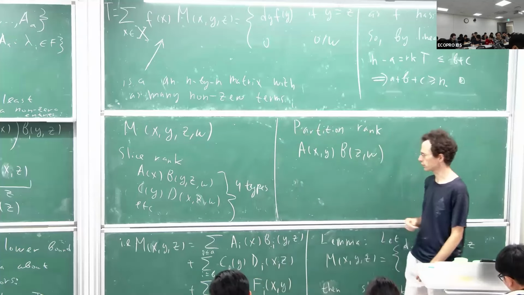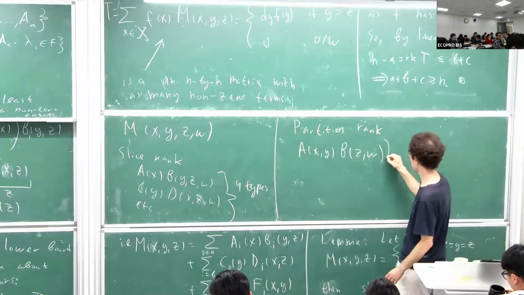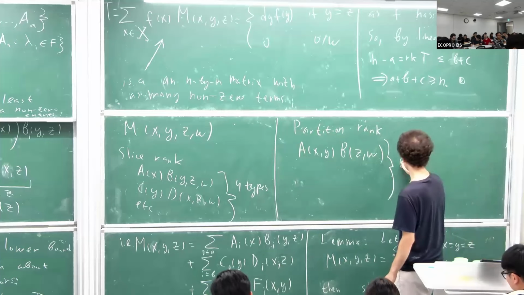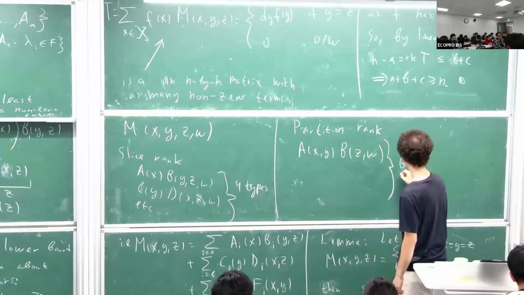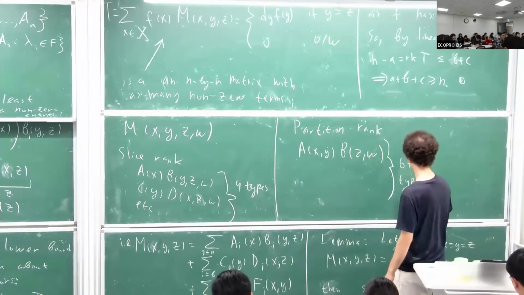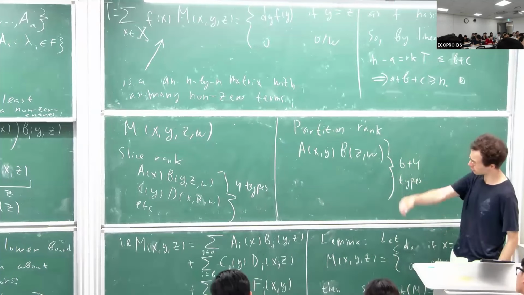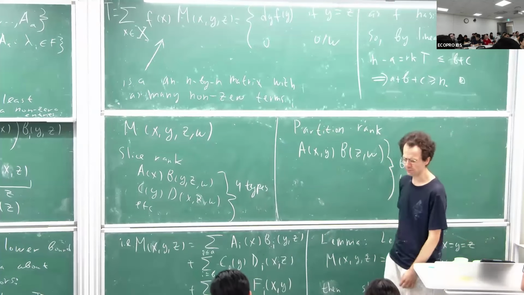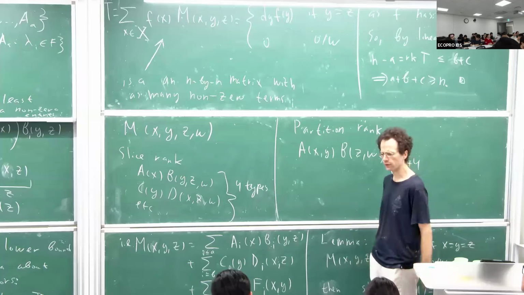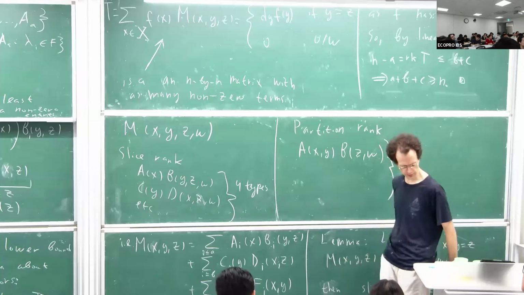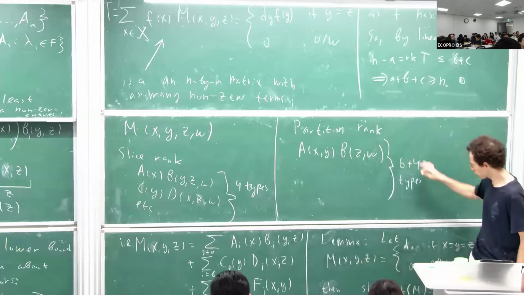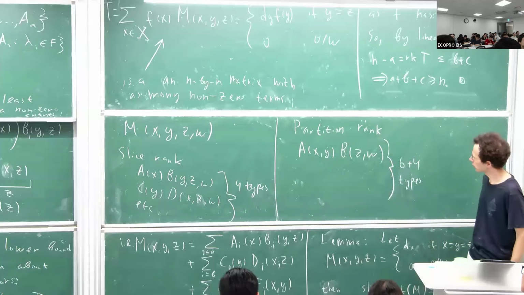So you also include things like this, and we're going to get 6 plus the 4 old types. So this will be the partition rank, and the proof we saw works for this equally well. If you think it through, it generalizes fairly easily. We won't talk about it, but I just want to mention it so that you are aware of it.